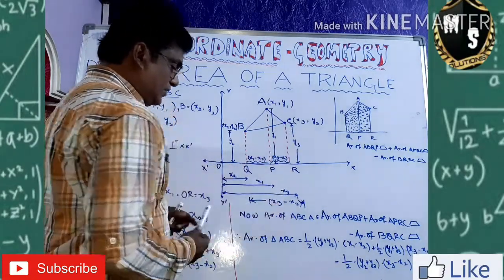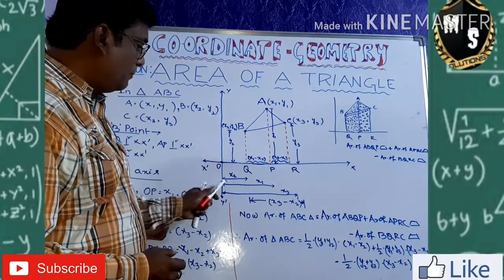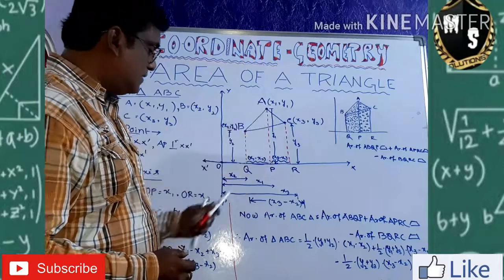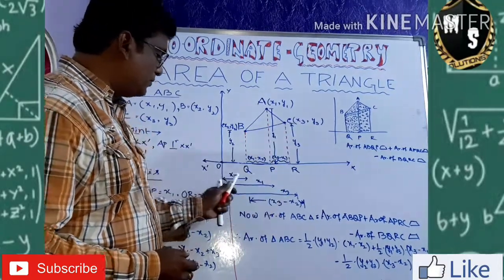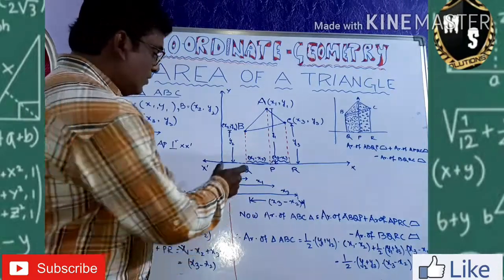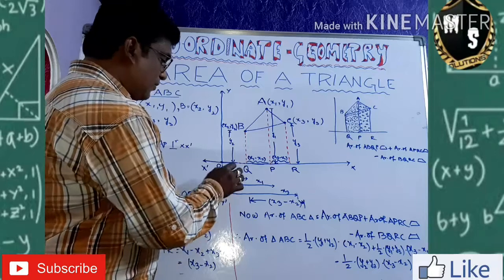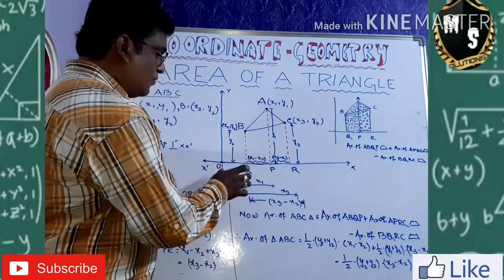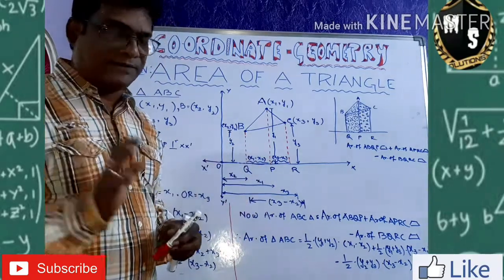So O to Q is x2, O to P is x1, and O to R is x3. So we got the three measurements for the distances in the x-axis: OQ, OP and OR are x2, x1 and x3 respectively.